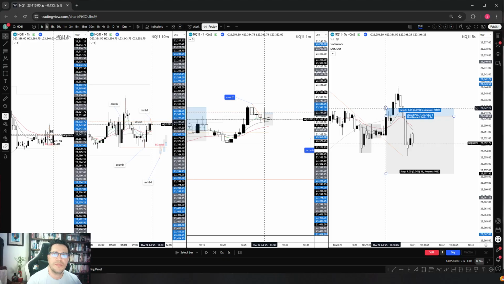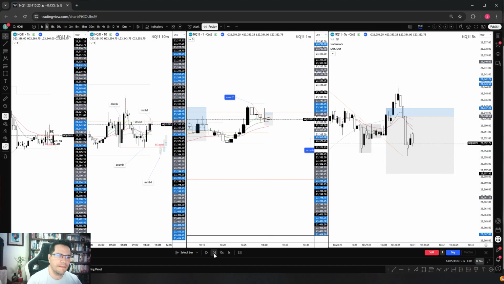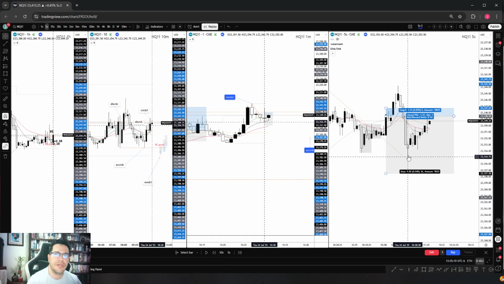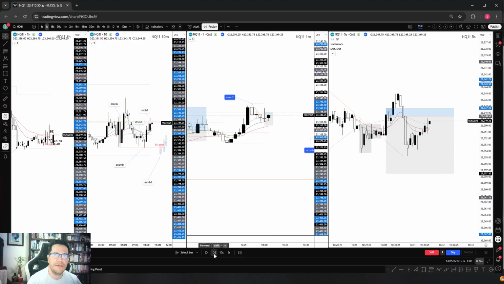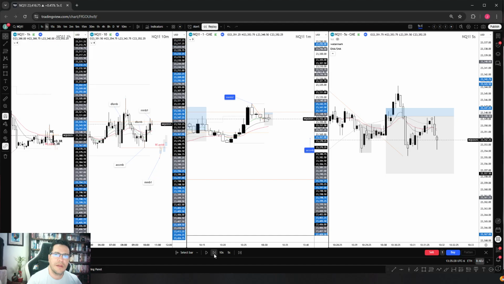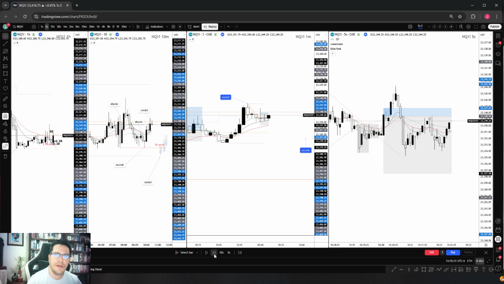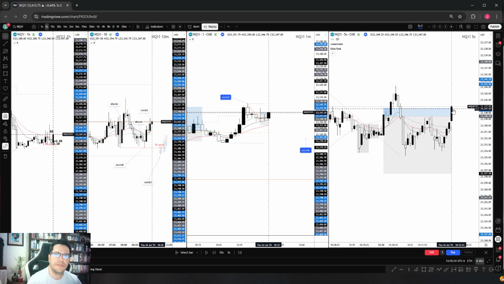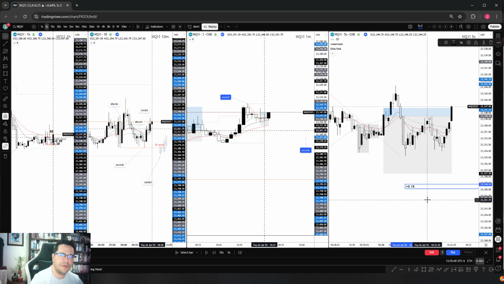Price comes here, taps me in, comes up, then comes back down to retest the 10 EMA, and from there again price goes below the 50%, goes below a 50% drawdown. And I got out here for a plus 0.15 over.